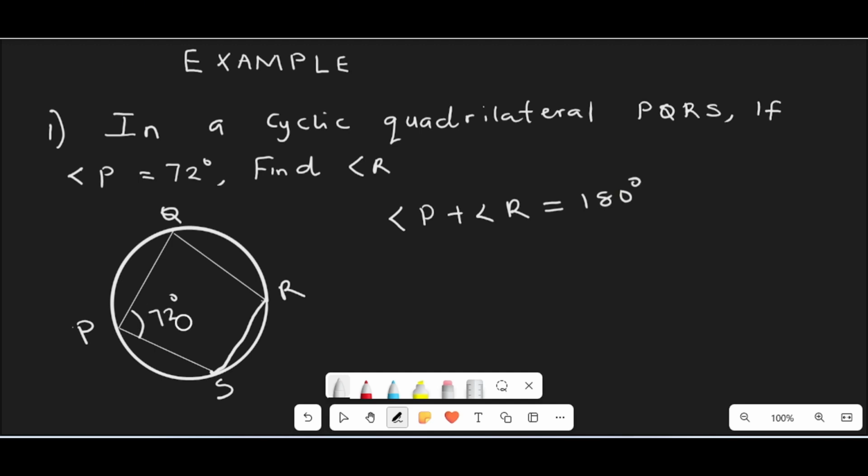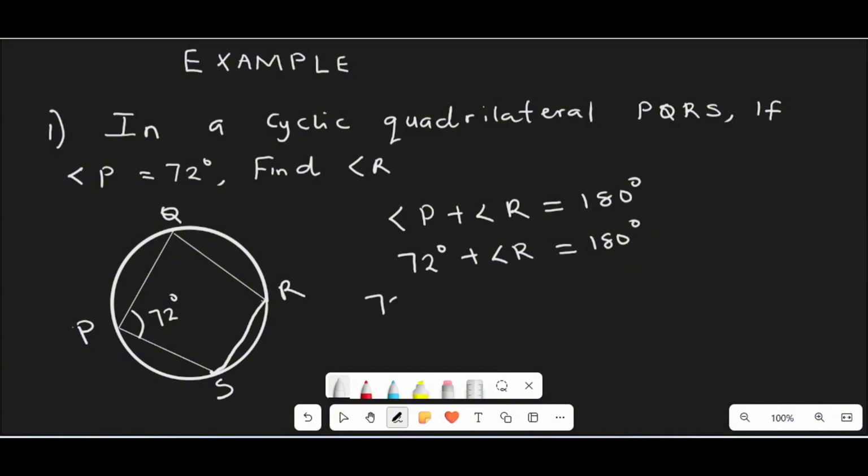Let us substitute 72 degrees for P. So 72 degrees plus angle R equals 180 degrees. Let us subtract 72 degrees from both sides.